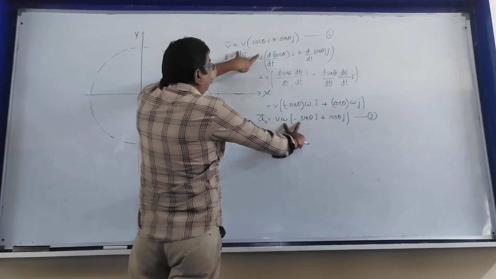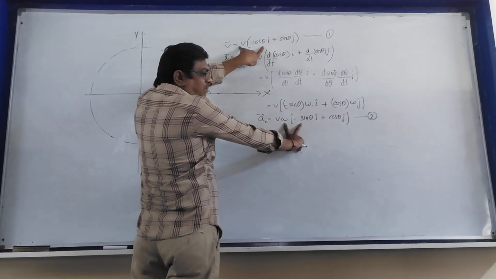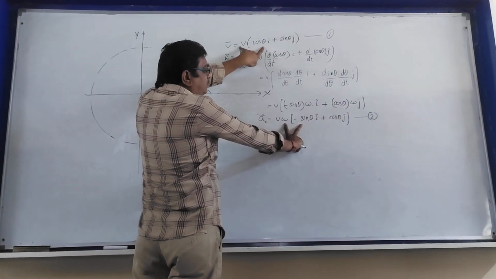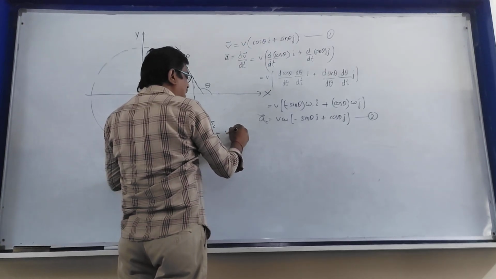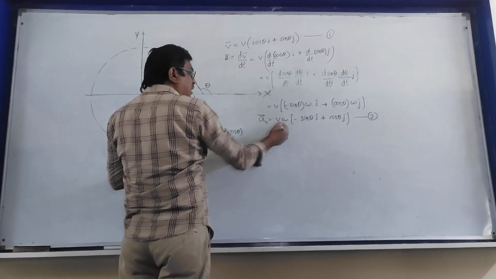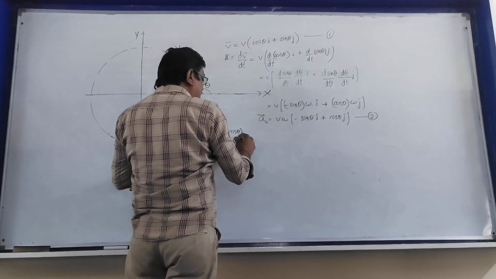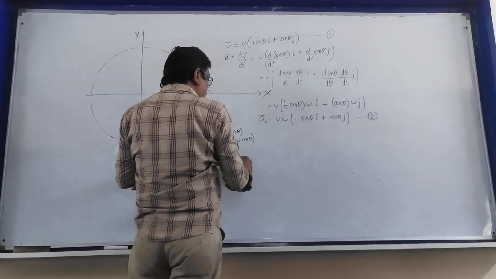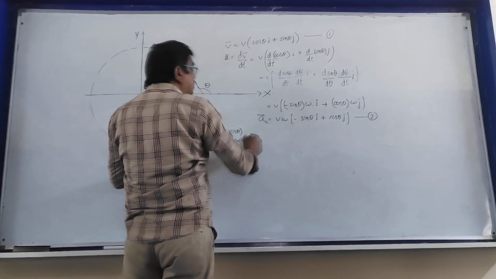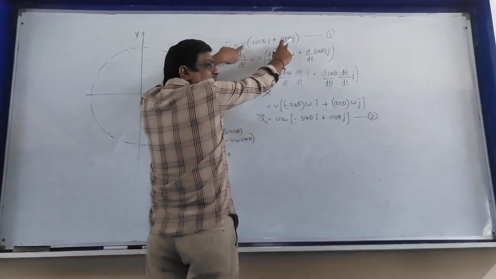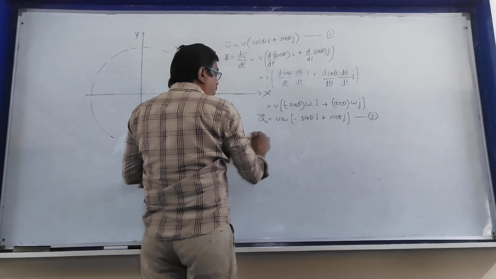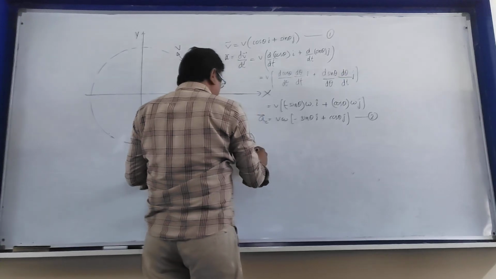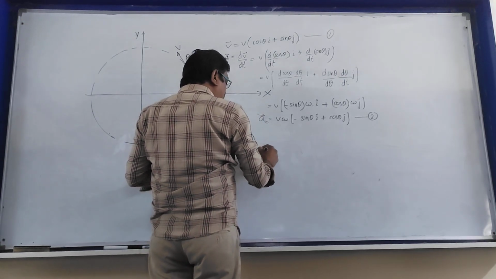So the product of the i coefficients is v cos theta times minus v omega sin theta, plus the product of the j coefficients, v sin theta times v omega cos theta.